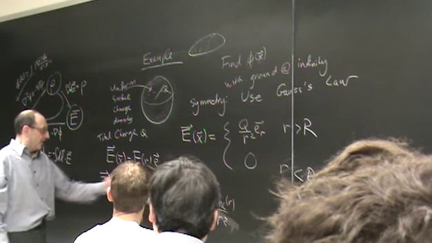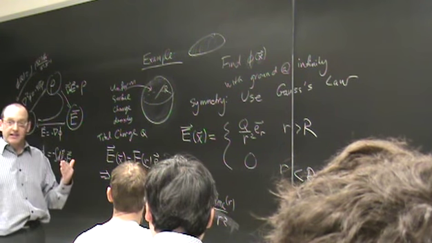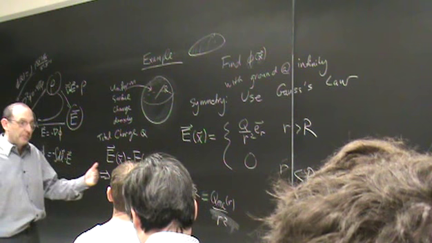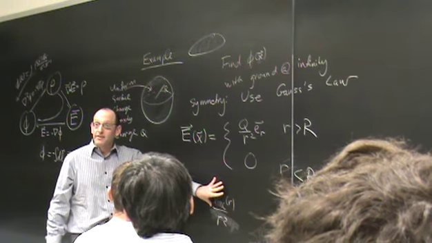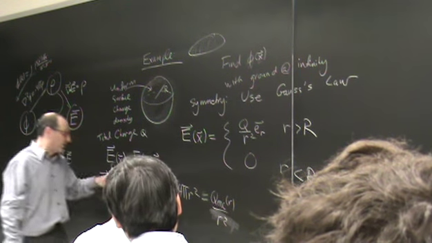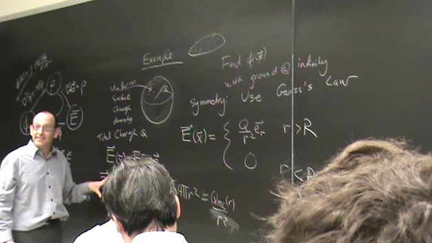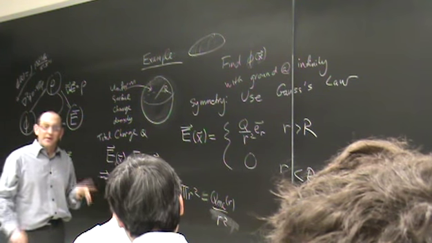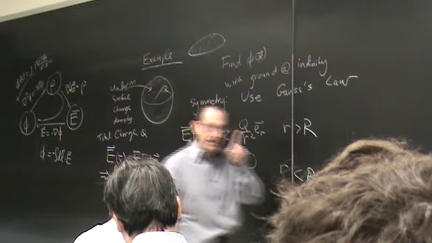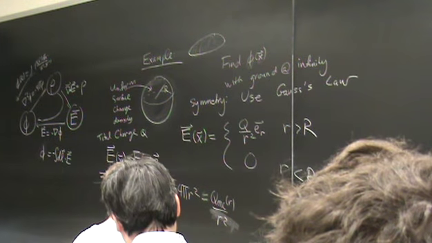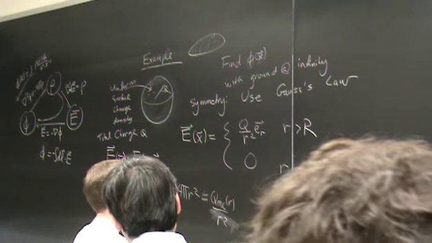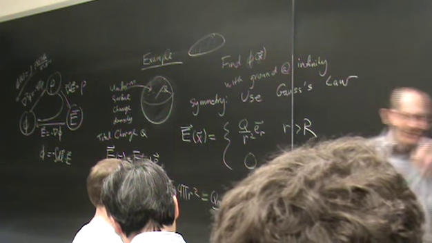It was only because we were allowed to factor it out based on the symmetry that we were able to say the integral has to be 0 if the charge enclosed is 0, but it doesn't mean the electric field is 0. It just means the surface integral is 0. Okay? Rookie mistake, don't be a rookie. That'll be our motto.